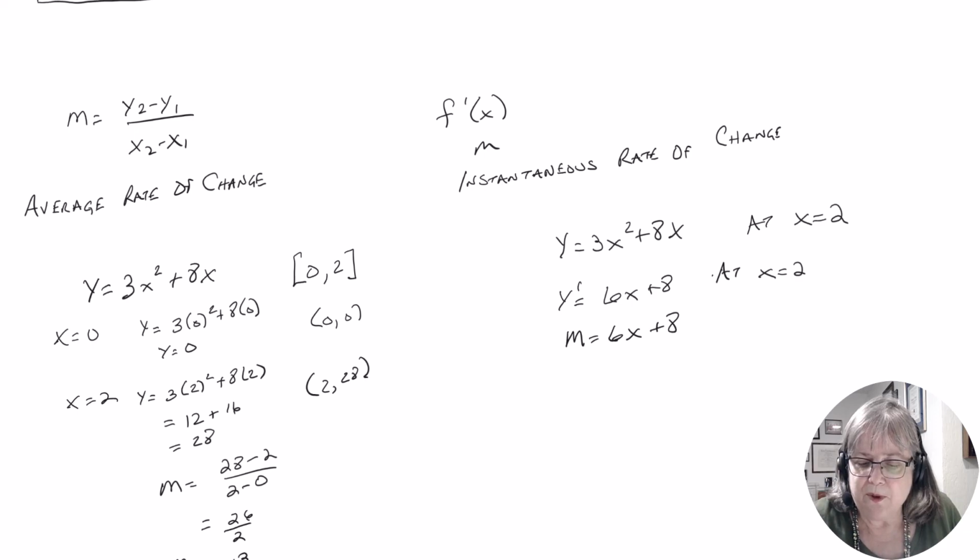So the slope function is 6x plus 8, and the slope would be 6 times 2 plus 8. So it's 20. Okay?